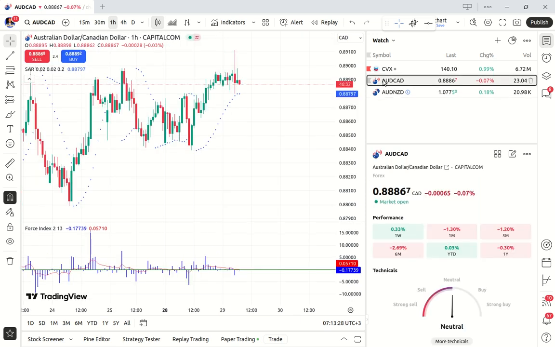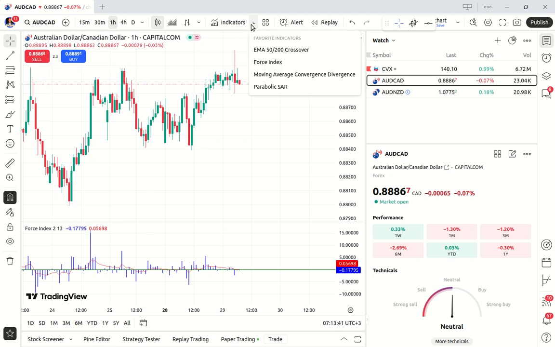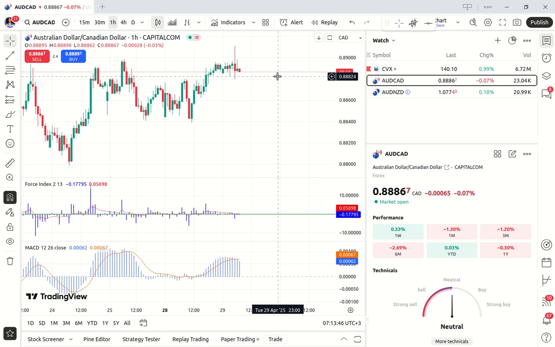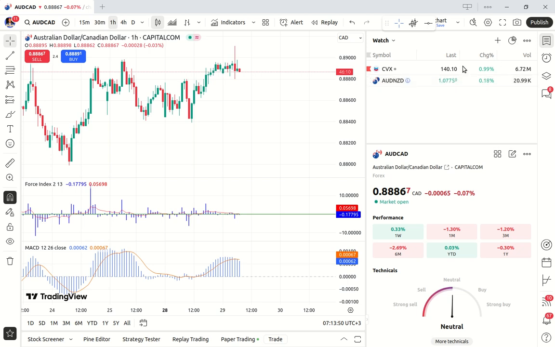Wait, did we have an entry in this one? Let me see, because I think with this one, yes, so we would not trade this one because it did not pass that test.